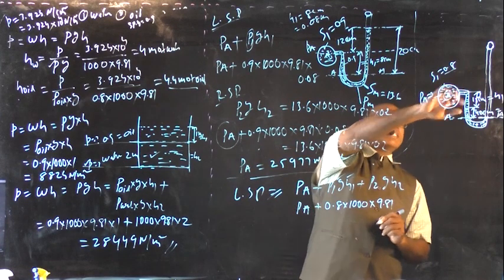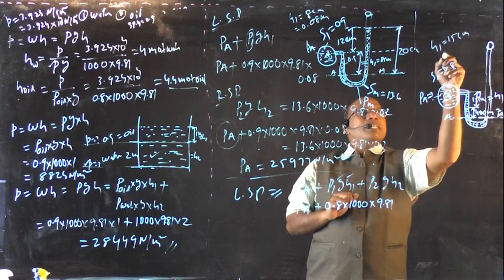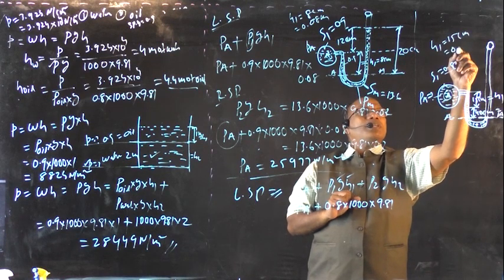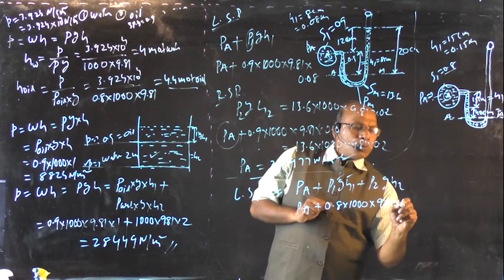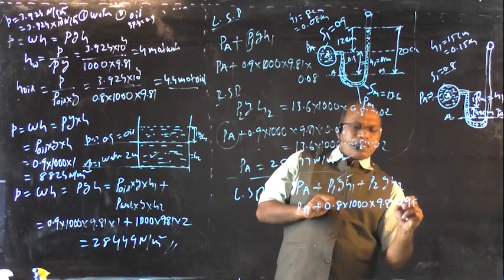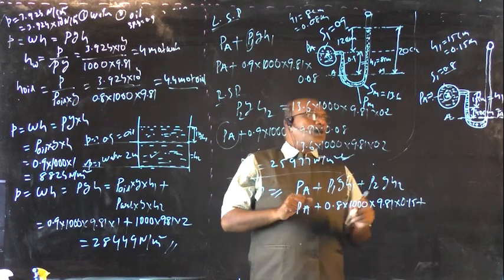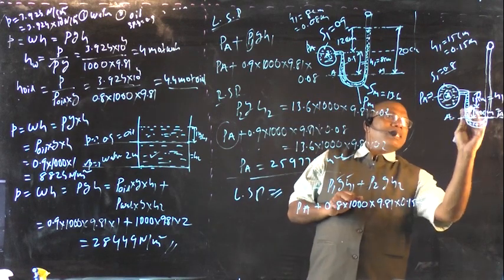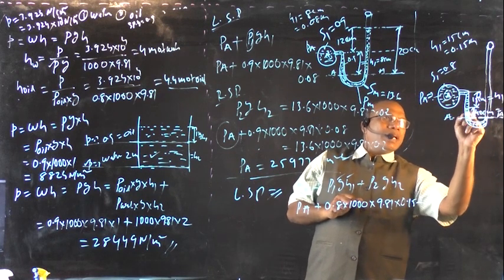H is equal to 15 centimeters. So H1 is equal to 15 centimeters, that is 0.15 meters. Into 0.15 meters plus rho 2. Rho 2 corresponds to the depth of this column, where the liquid is mercury.